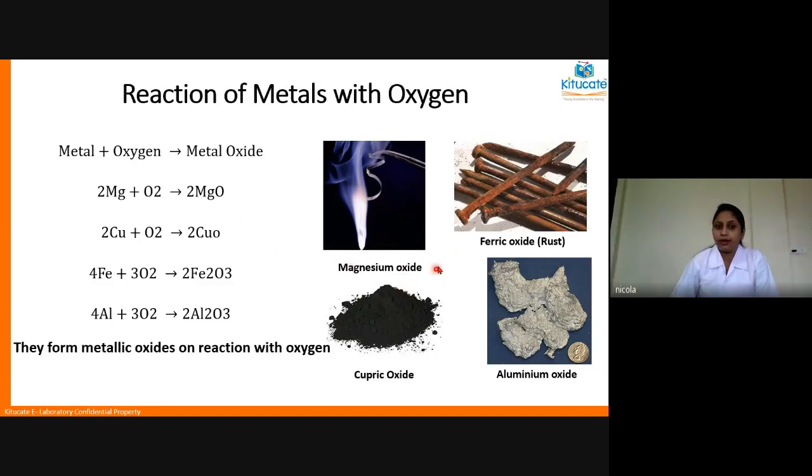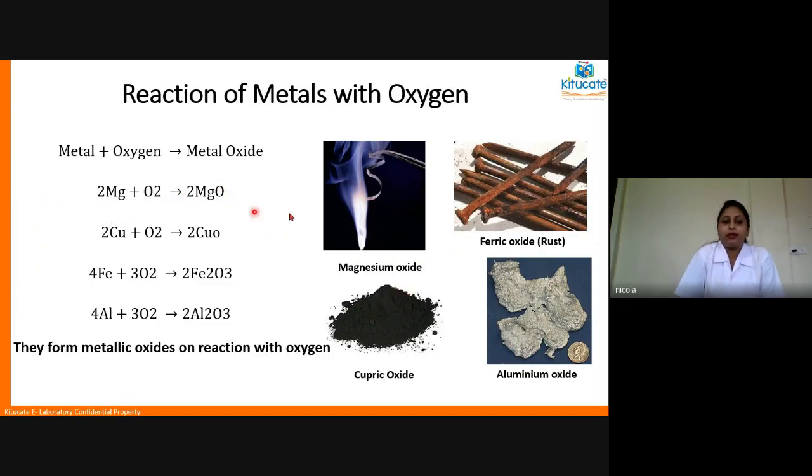Because of the formation of magnesium oxide, there's a white colored flame while burning the magnesium ribbon. That is an oxide of magnesium.